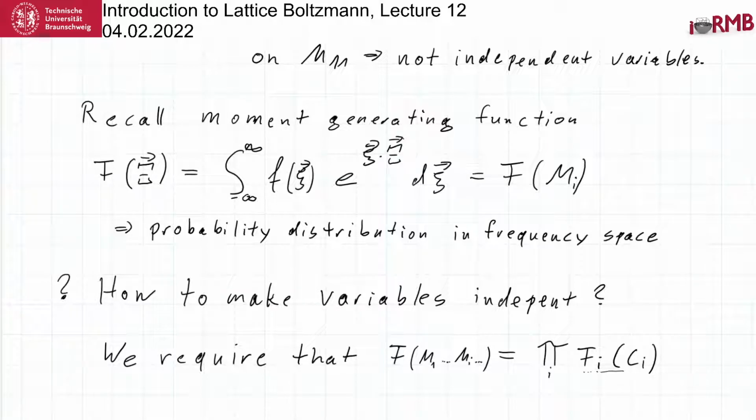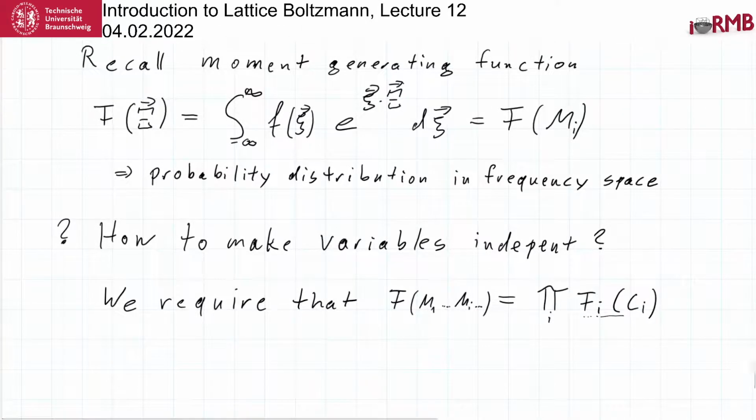So basically it means that we can express a distribution of many variables as a product of distributions of single variables if these single variables are independent. Okay, so this is not a proof, but this is where the Cumulant method is basically coming from.